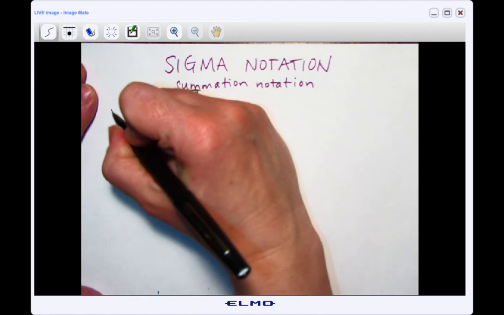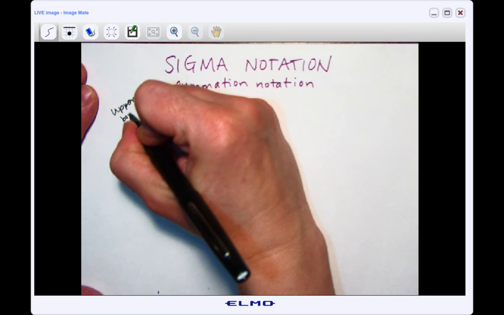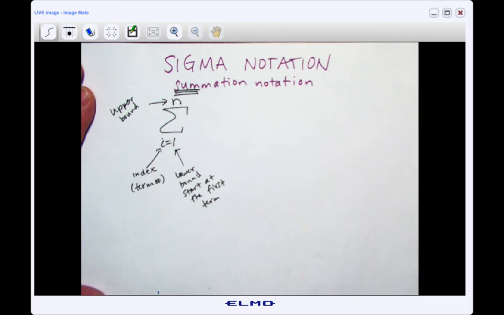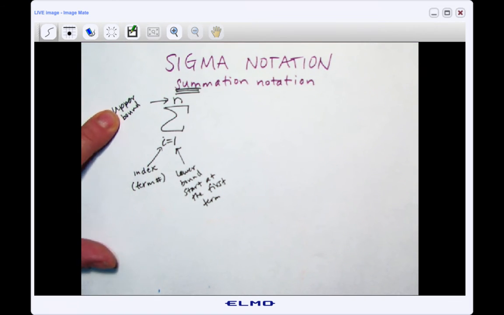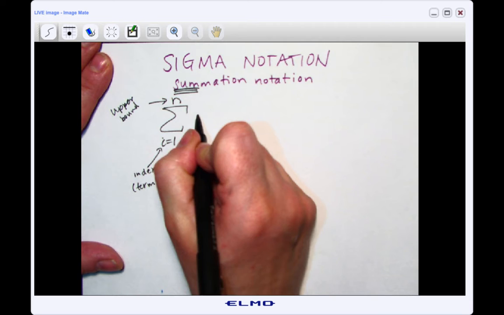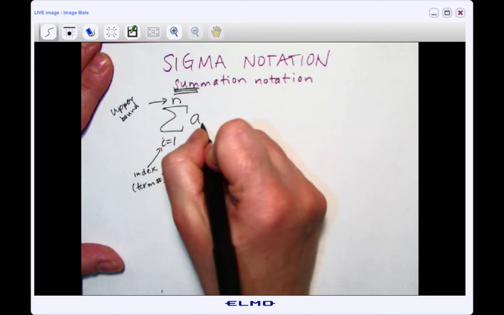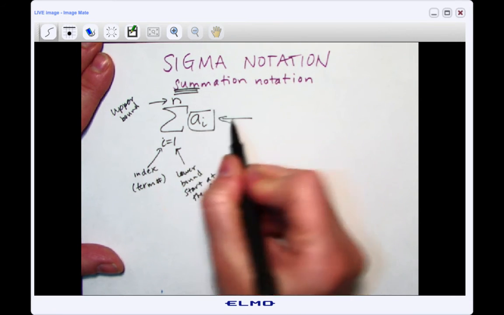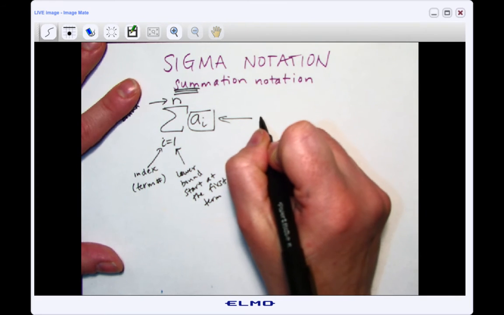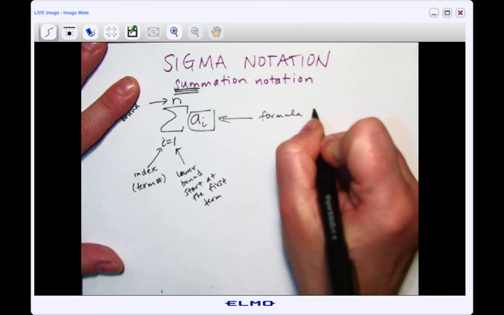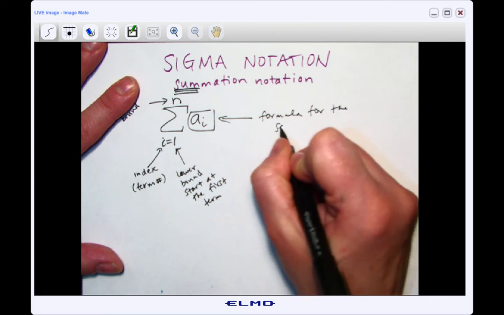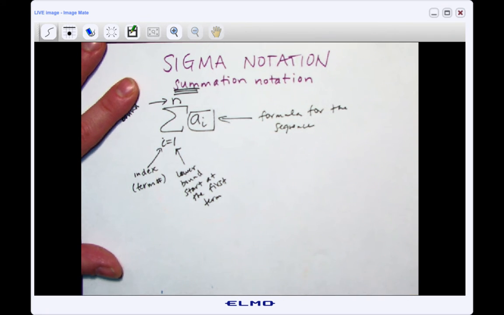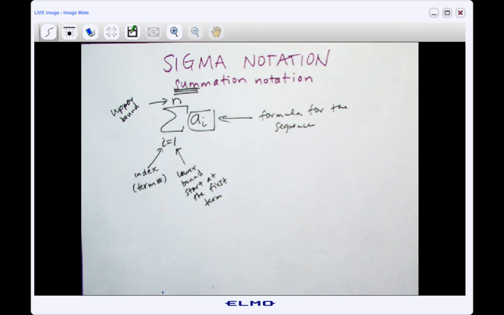This one stands for the upper bound, and that will tell you when you're going to stop adding. And this here, we'll just call it a sub i for now, represents the formula, or the equation, for the sequence that you're going to add up.